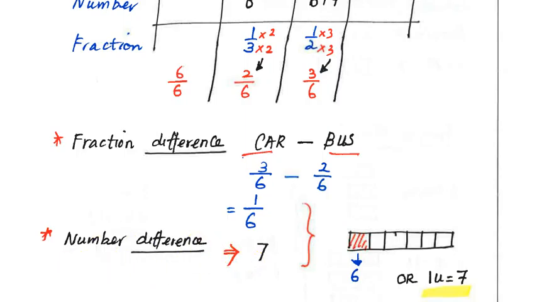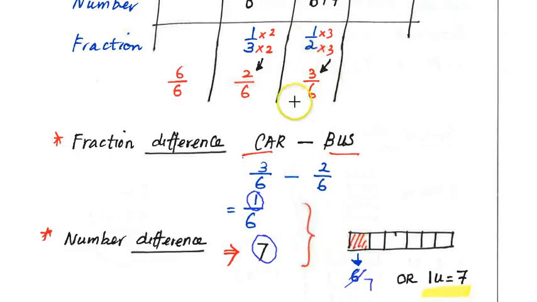Sorry, this one here is wrong. 1, 6, this is 7. 1 U is 7, not 6 here. So this 1 unit here is 7. So long as you get 1 unit, you can solve many things, right?